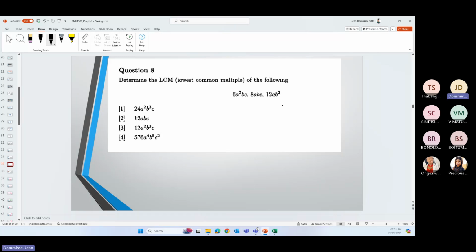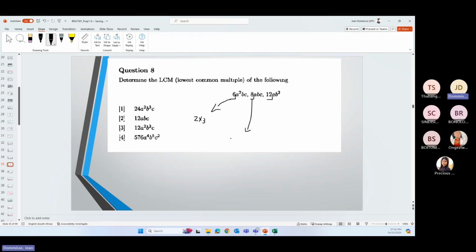So how I look at this again is to say, let's first do the numbers before we go into the A's, B's, and C's. So let's first look at 6, 8, and 12. I can simplify 6 to 2 times 3, if I take the factors out of that.